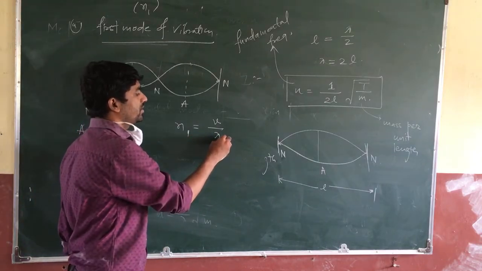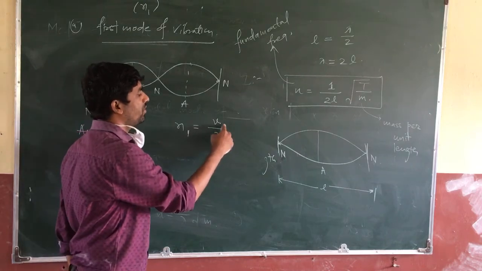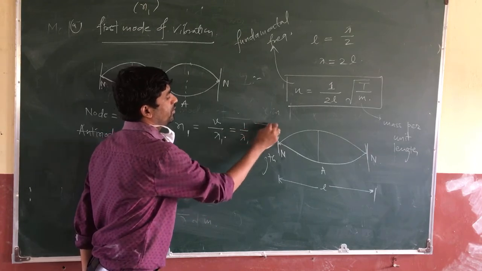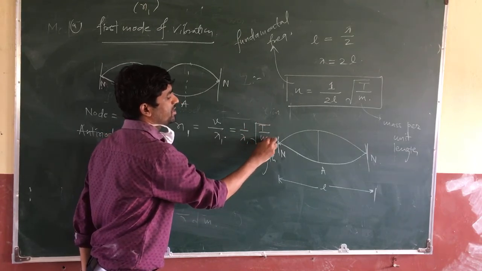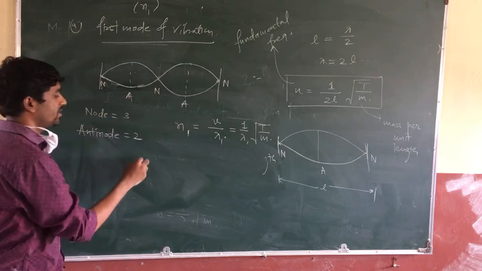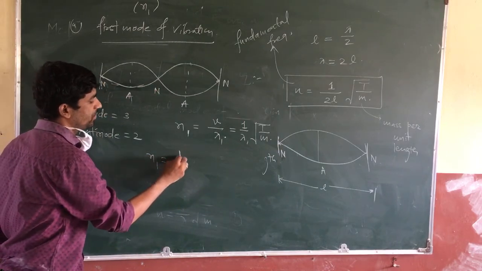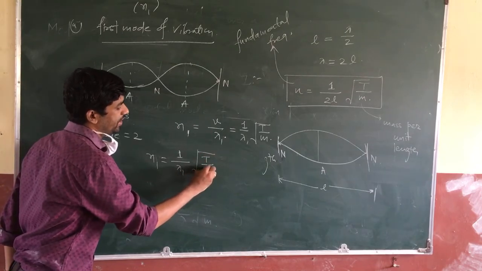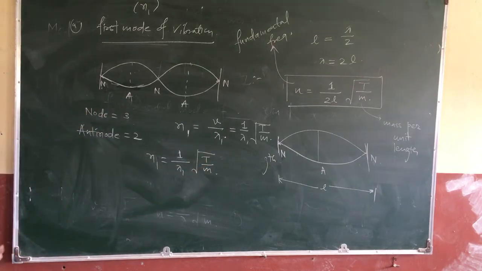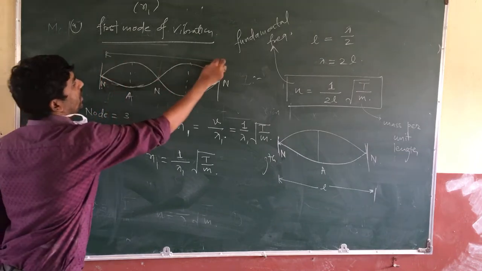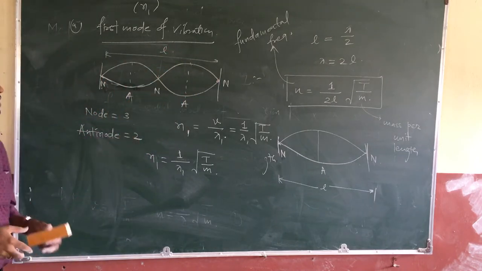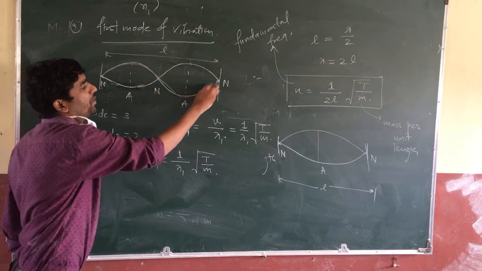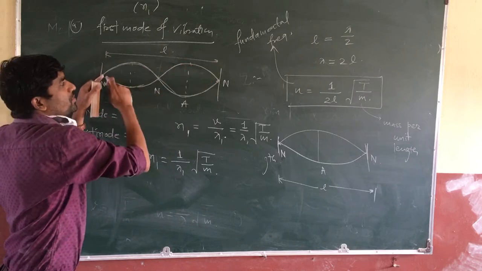Here the wavelength is lambda 1. And what is the formula for velocity? Velocity of a transverse wave is equal to under root of tension divided by mass per unit length. So N1 is equal to 1 upon lambda 1 under root of tension divided by mass per unit length. Here the length of the string is equal to one complete wave.